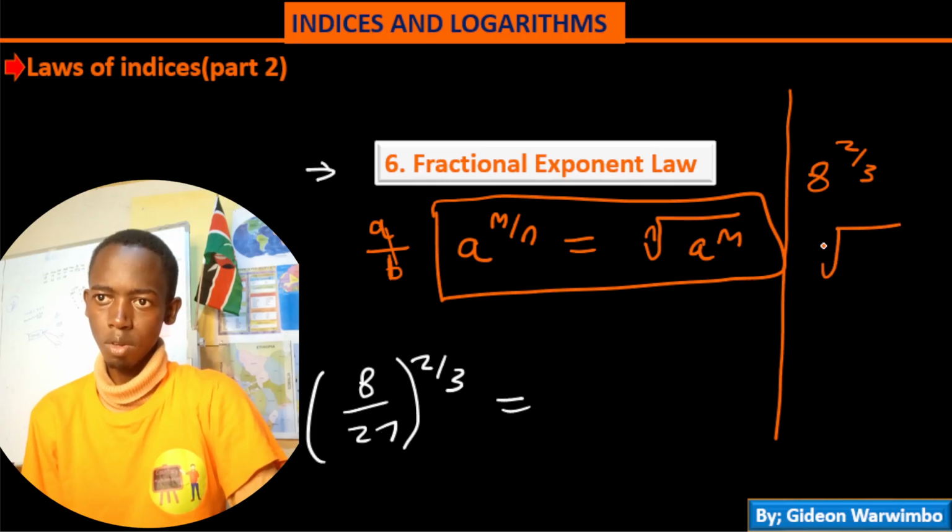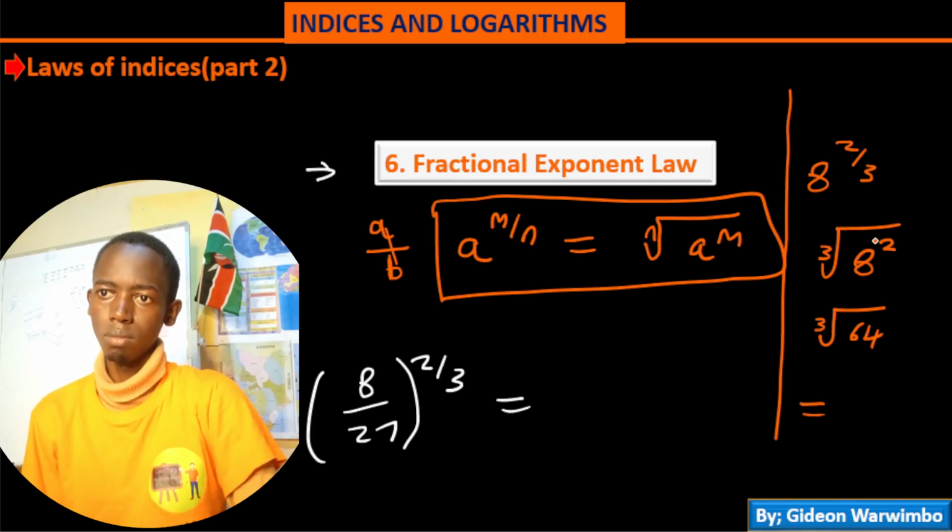Therefore we write the sign of cube root like that, then we write 8, and then the power that was here in the numerator, we put it right here where we have the 8, such that we have 8 to the power 2, and then we find the cube root of that. And what are we likely to get as the value of this one? When we solve this one, it's like finding the cube root of 64, and what would be the value of that? That's how you get to solve that.